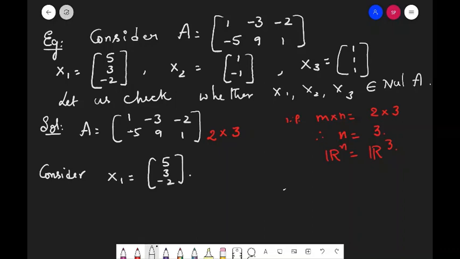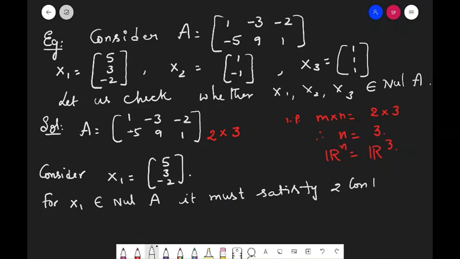Then we have to check two conditions. For x1 to belong to null A, it must satisfy two conditions. What are those two conditions?